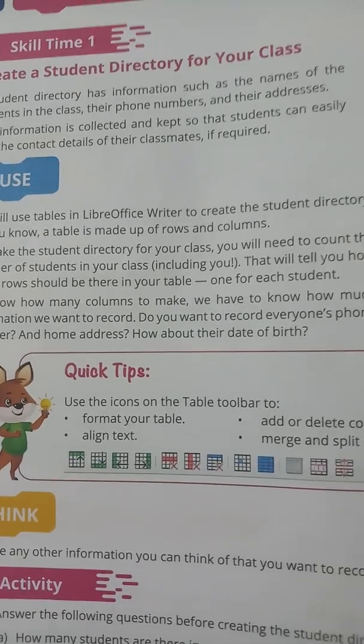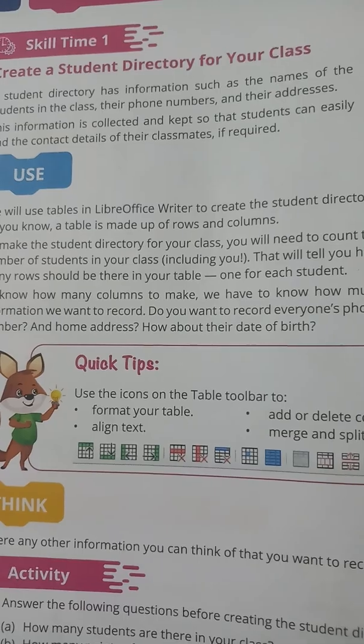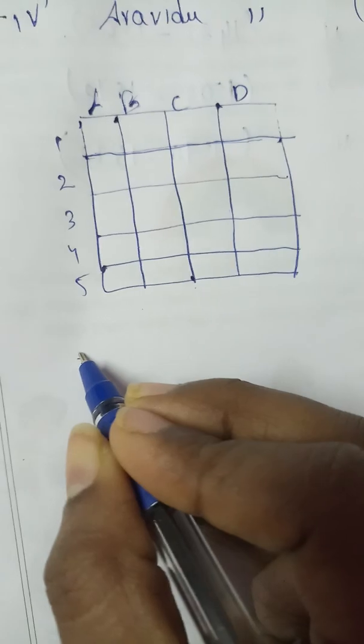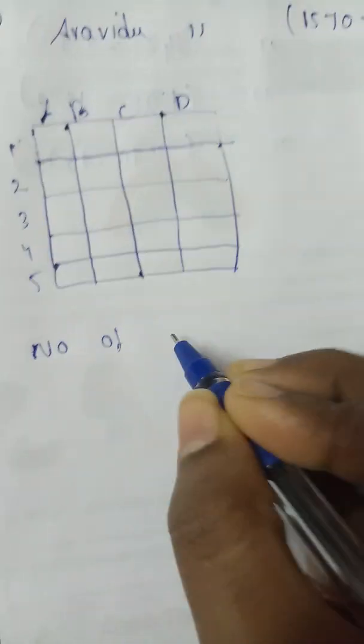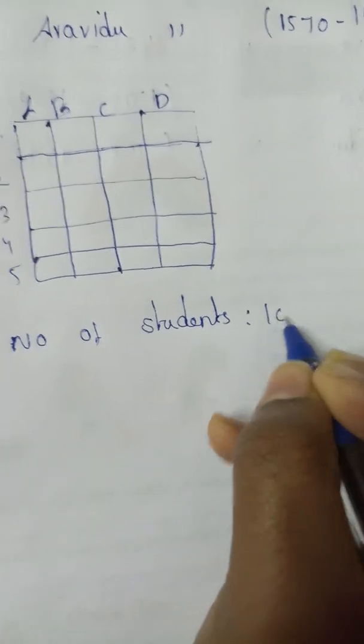Do you want to record everyone's phone number and home address? How about their date of birth? So here, for example, in my class there are 10 students. The number of students is 10.